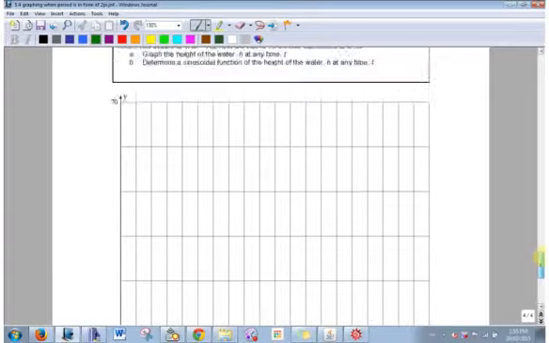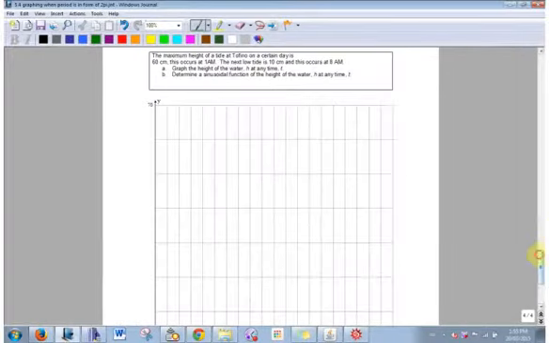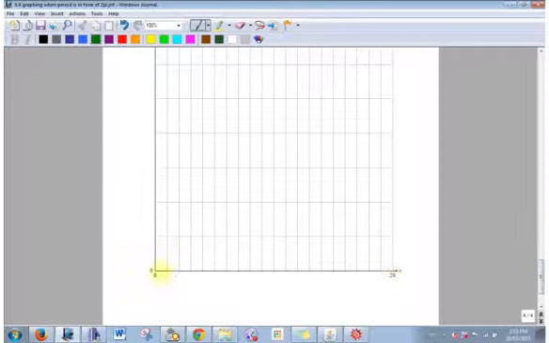Maybe even smaller. So we go to 20. Is each one of these 1, do you think? That would be nice. That's 0 a.m. That's 1 a.m., 2 a.m., 3, 4, 5, 6, 7, 8, 9, 10, 11 a.m., 12 a.m.